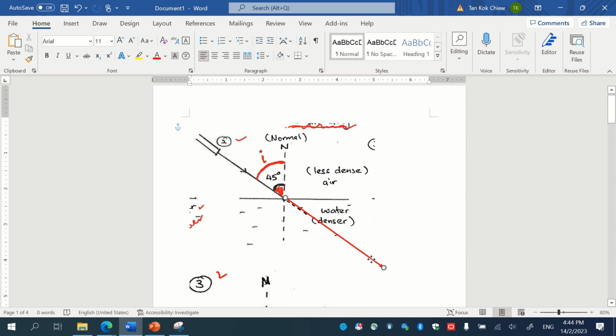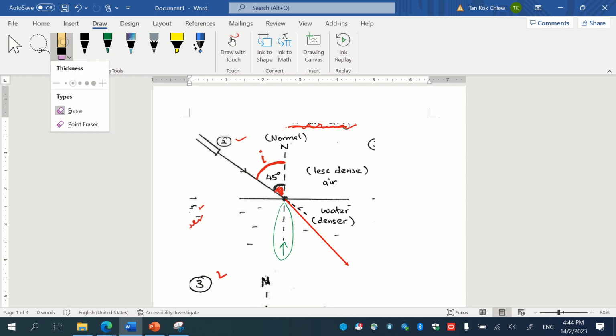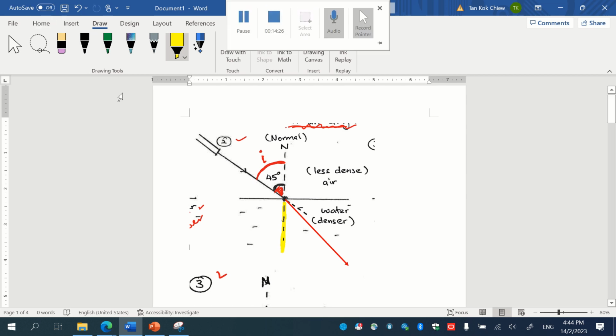Move towards means this way. Who is the normal line here? The normal line is this one. I color it green. This line is the normal line. Let me color the normal line yellow so that you are following me.